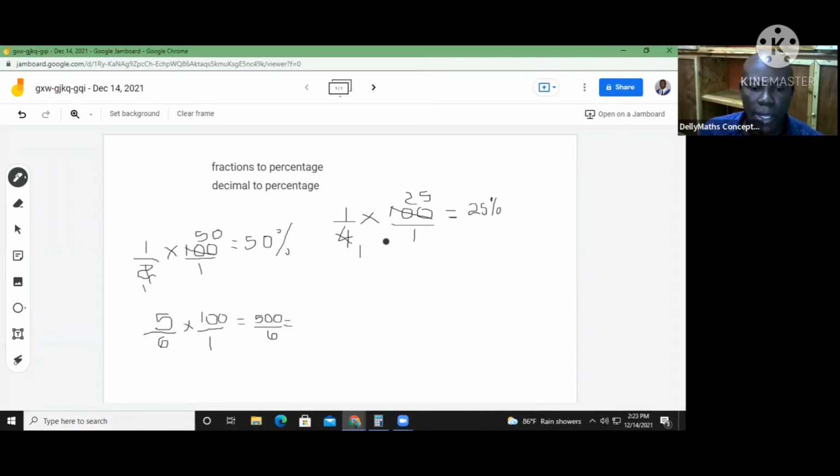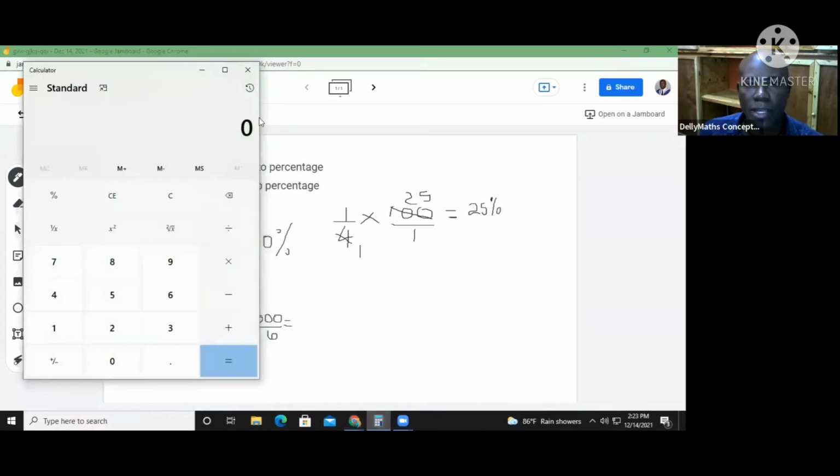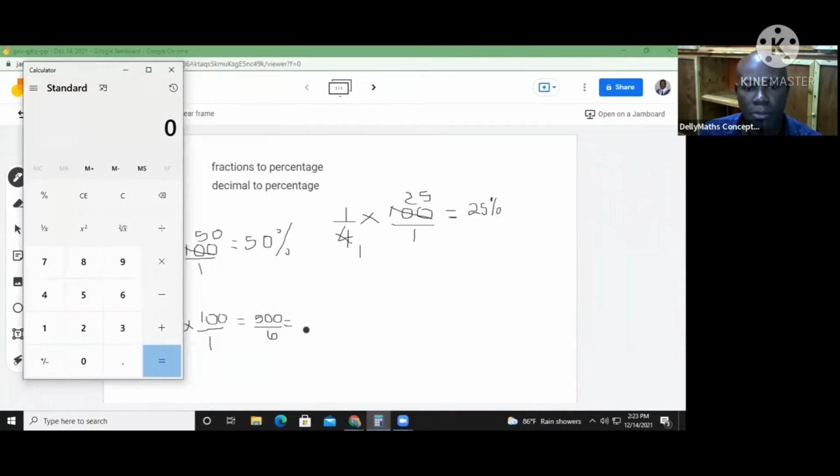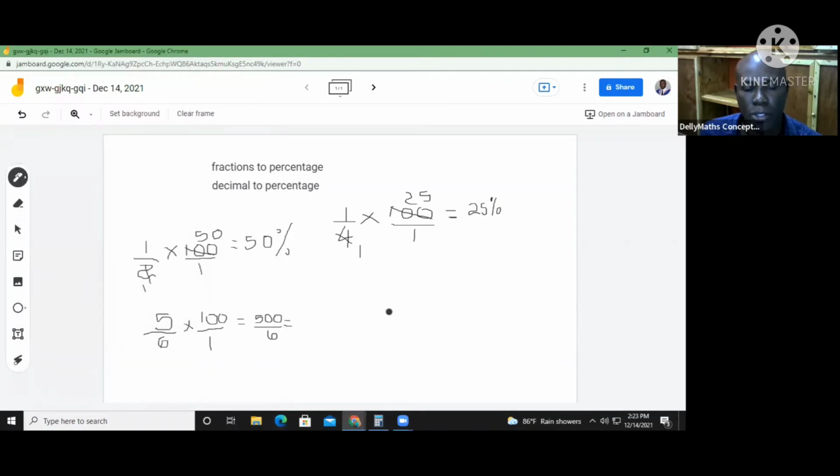So we put our calculator up to find out the exact value quickly. We're talking about 500 divided by 6, and I'm getting 83.33%, and the 3 goes on like that. So we get 83.33 or 83.3%.